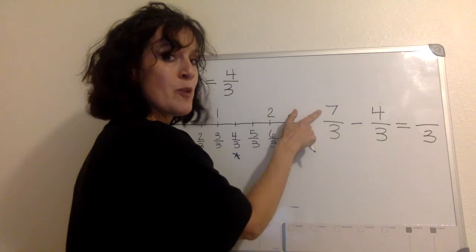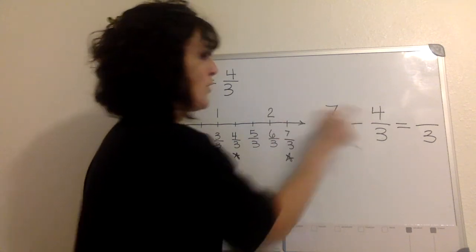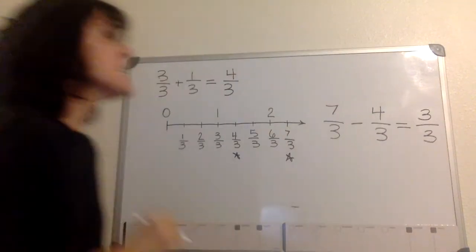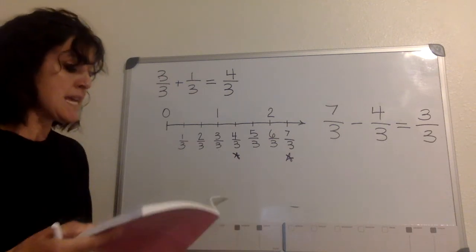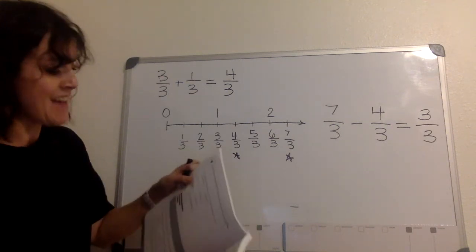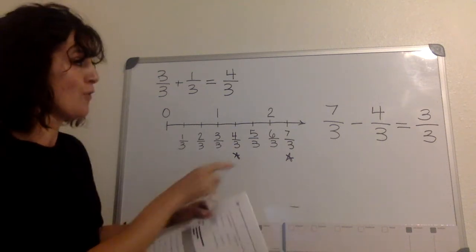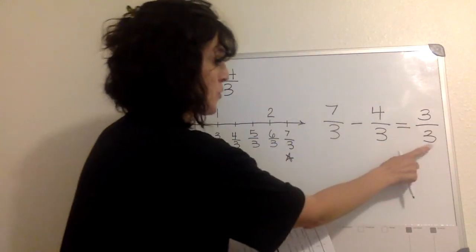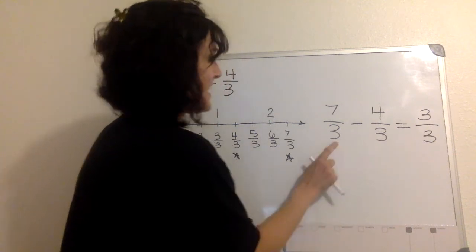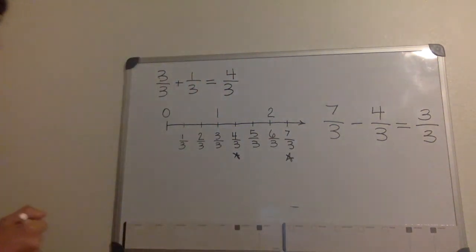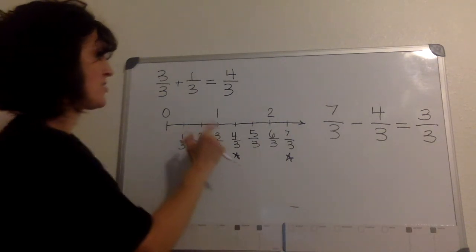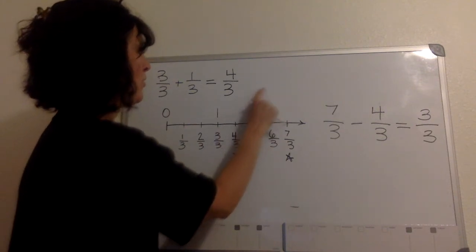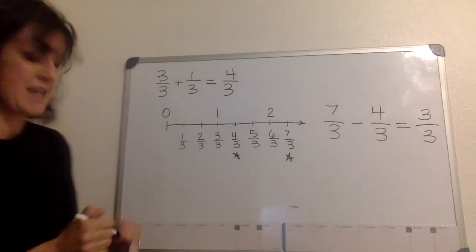Then I look at my numerator. 7 minus 4 equals 3, so 7/3 minus 4/3 equals 3/3. And that is basically what we wrote for D. 4/3 is 3/3 less than 7/3. And remember, 3/3 is just 1. So if we were to jump a whole 1 over here, we would reach right at 7/3.